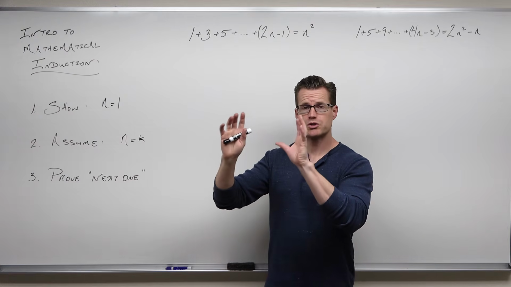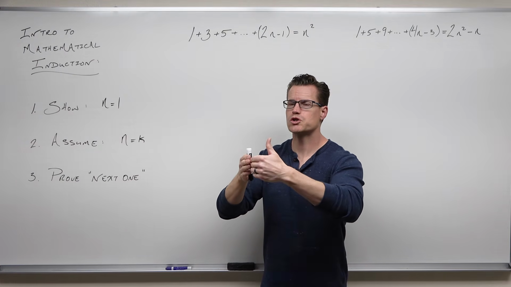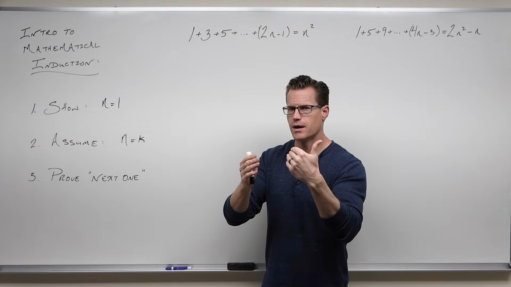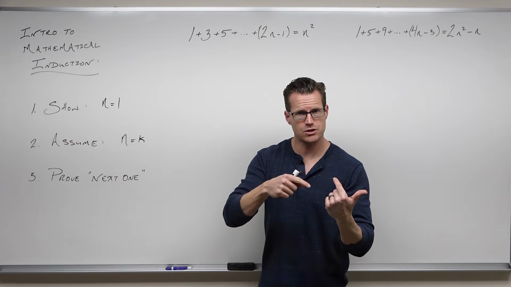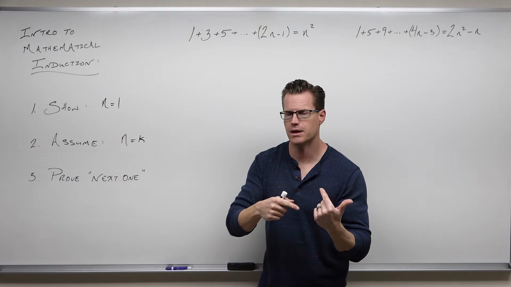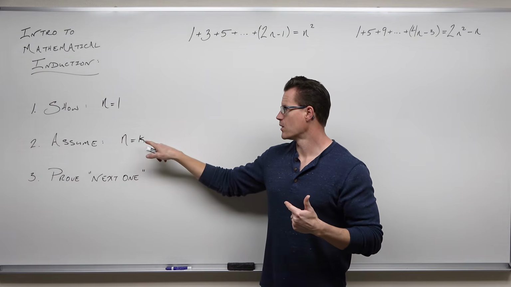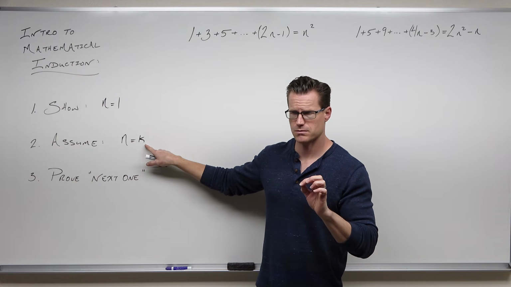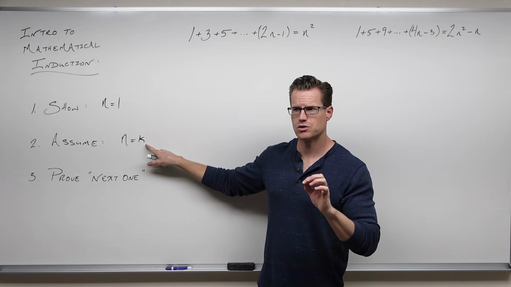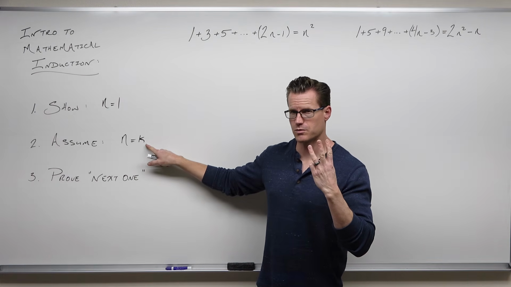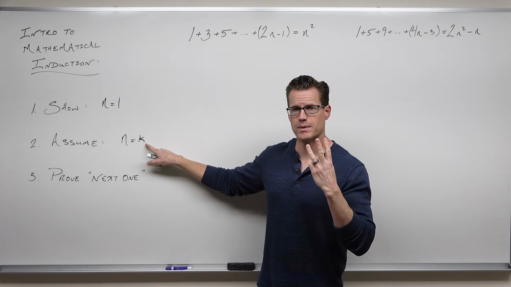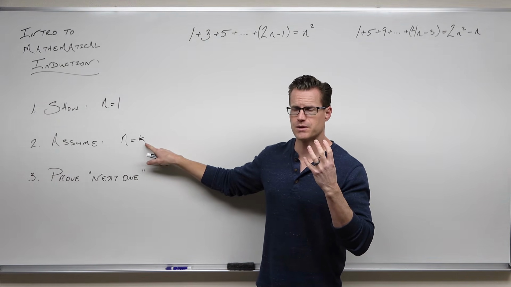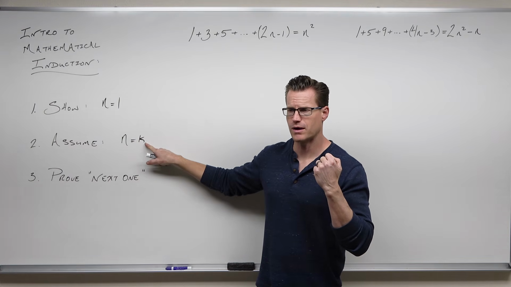So we show it's true for one, we assume it's true for another one, and then we show it's true for the next one. Well, now what would the next one be? The next one would be whatever's after the one you just assumed. So hang on a second. If I assume the third term to be true, then the one that would be next would be 4. If I assume the seventh term, the one after that would be 8.